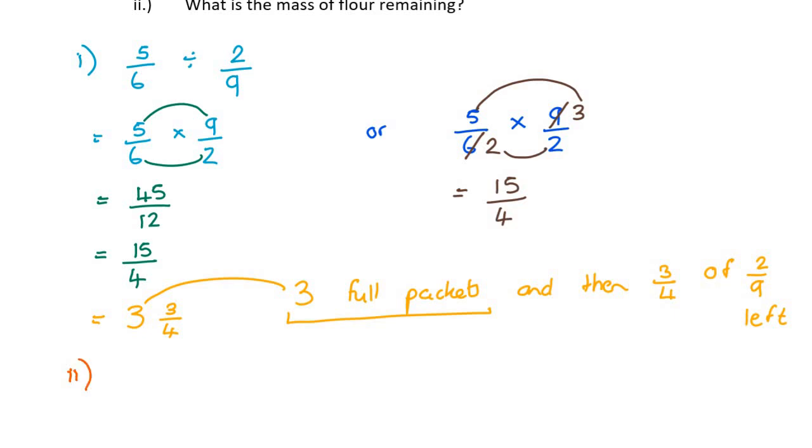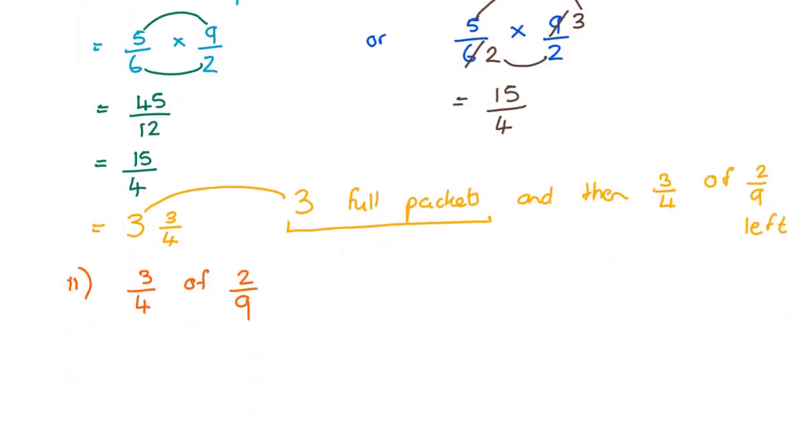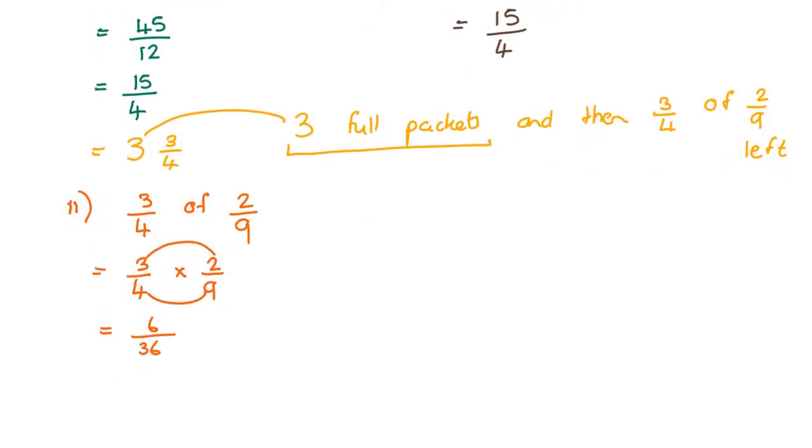Well, this means I have 3/4 of a packet, which is 3/4 of 2/9. Now that is 3/4 multiplied by 2/9. So really nifty. If I do the first method, 3 times 2 is 6, 4 times 9 is 36, and they're both divisible by 6, so I get 1/6 of a kilogram left over.